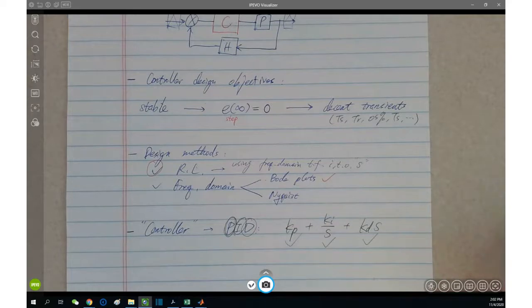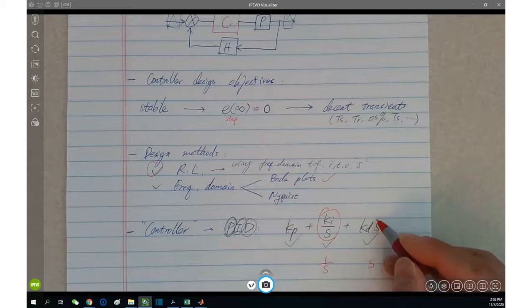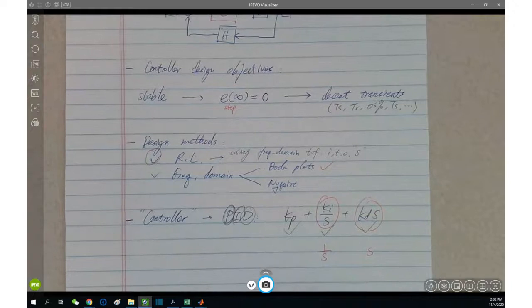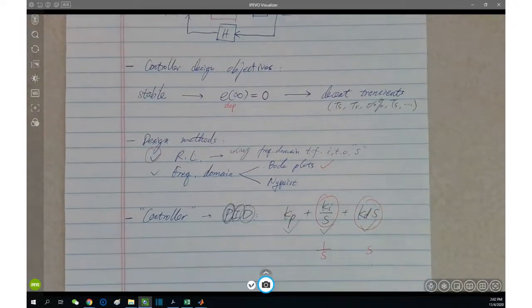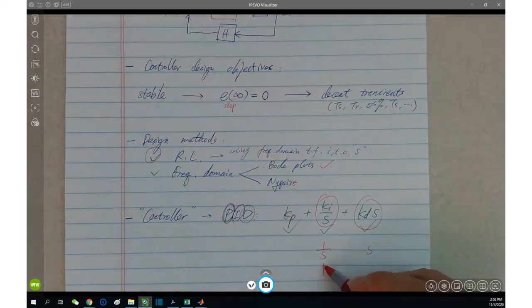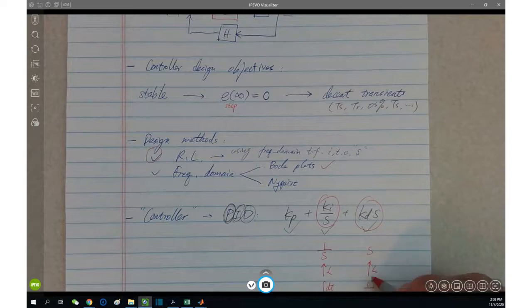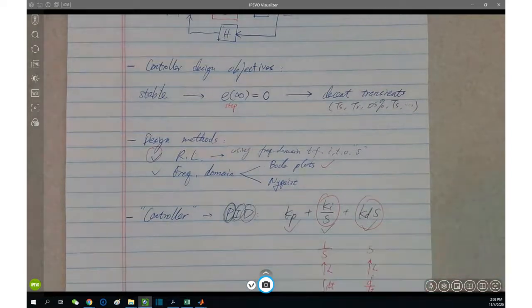Oh, by the way, this is the integral, this is the derivative. Why? Anyone knows why? How do we know that? It's like the Laplace, right? Exactly. Very good. Is this clear?